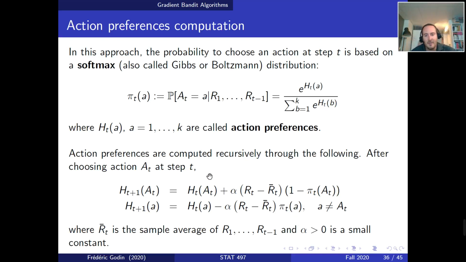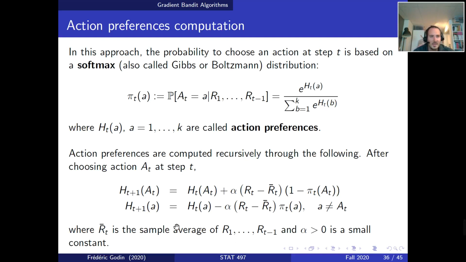So if we have action preferences at time t, then we can select an action at time t randomly. From this action, we observe rewards, and then we have this incremental or recursive formula to obtain action preferences at the next step for all possible actions. Here alpha is a constant greater than 0, but typically a small constant.